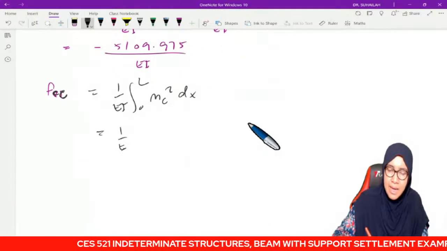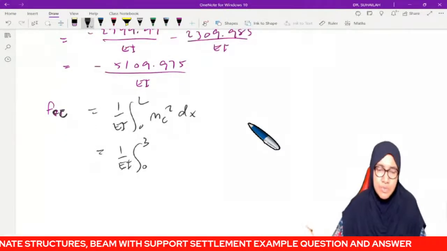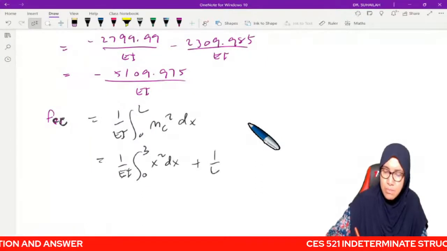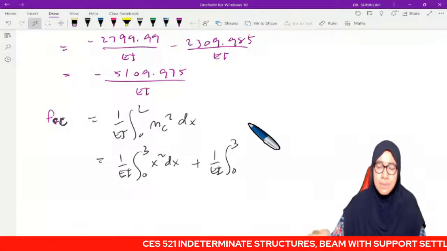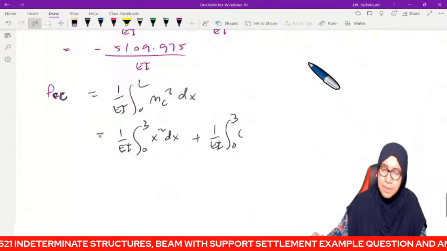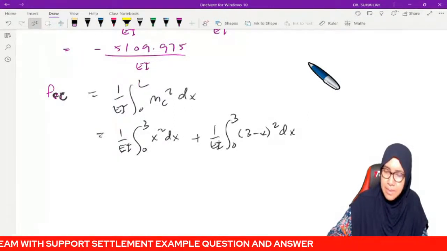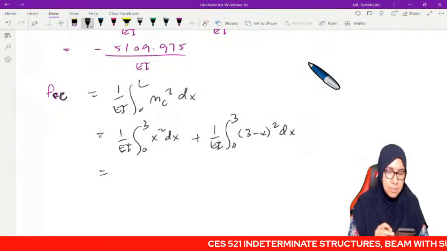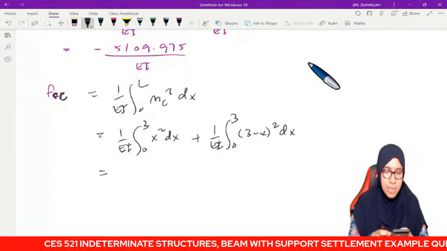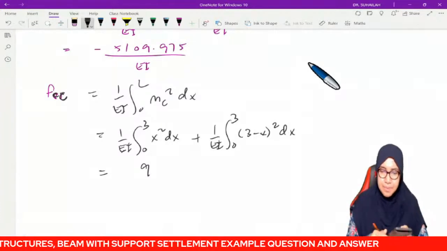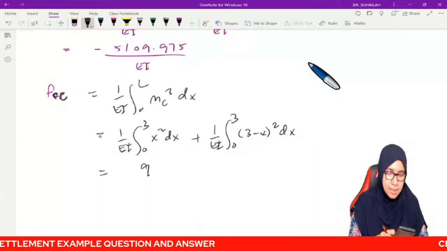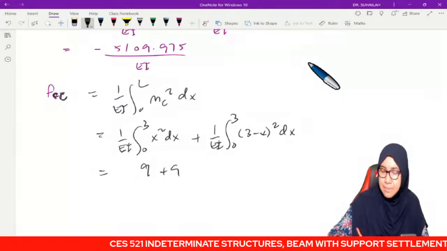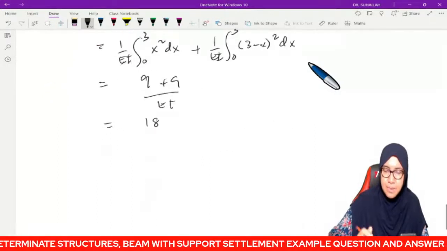So it is 1 over EI from 0 to 3 of x squared dx, plus 1 over EI from 0 to 3 of 3 minus x squared dx. The first gives 9, and the other, 3 minus x squared from 0 to 3, is also 9. So we get 18 over EI.